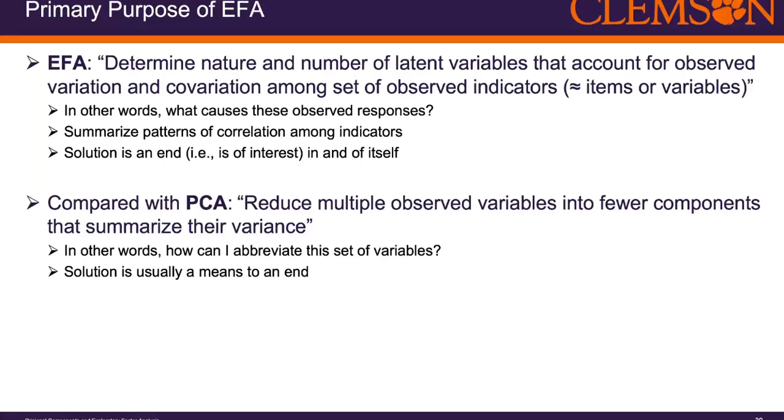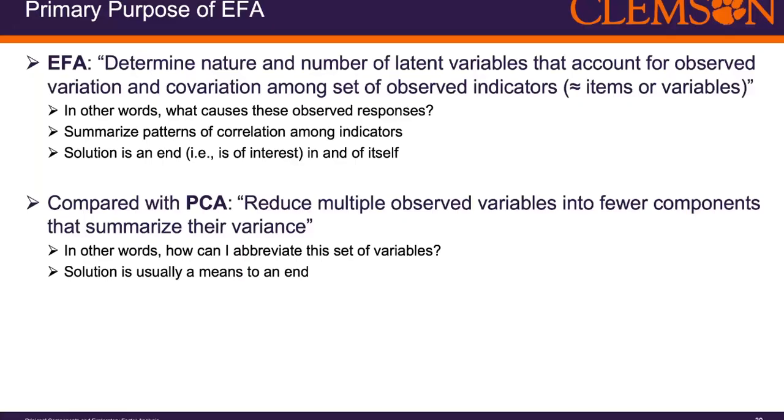And unlike principal components, in exploratory factor analysis, we really want to focus on the solution, the factor loadings, what would look like the eigenvector weights that you would see in principal components. So the solution is an end and is of interest in and of itself. We compare this with principal components, where the purpose is to reduce multiple observed variables into fewer components that summarize their variance, in other words, how can I abbreviate this set of variables, right?